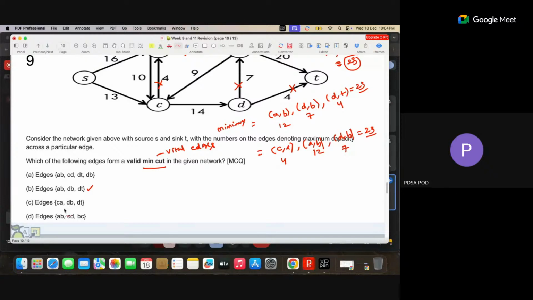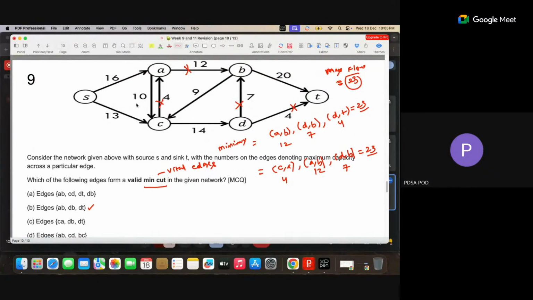And they are trying one more option, C to A, D to B. C to A is 4, then D to B they are trying, is 7, and D to T they are trying, so that 7 and 4 and 4, no, it never happens.